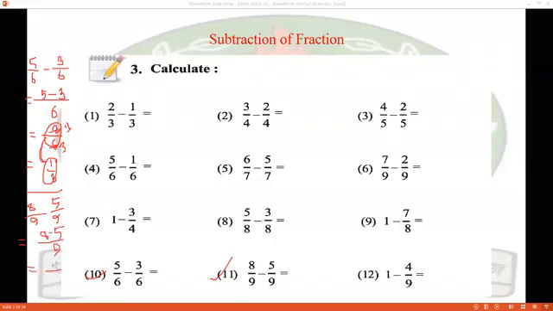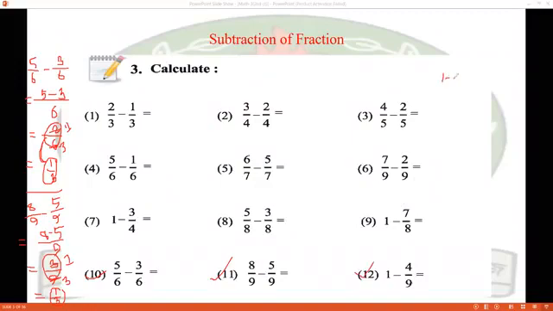So we write 3 by 9. And also we write 1 by 3 by dividing by 3. This is a result and this is also a result. They are equivalent fractions.